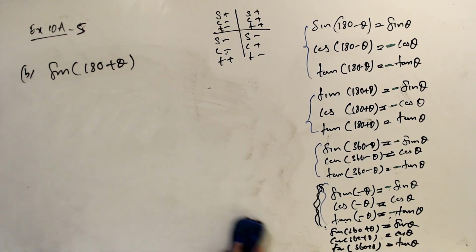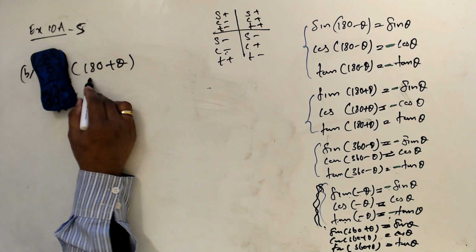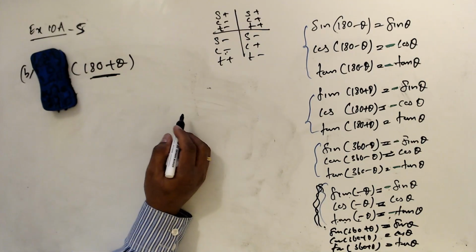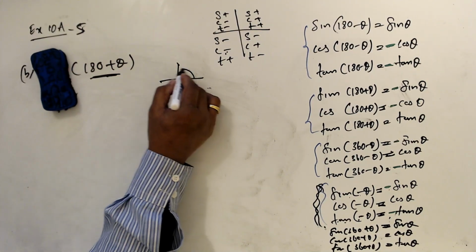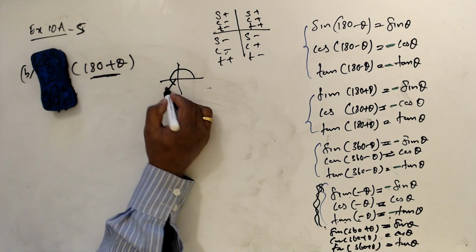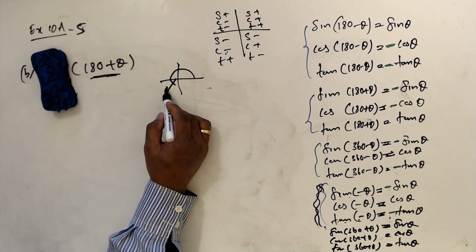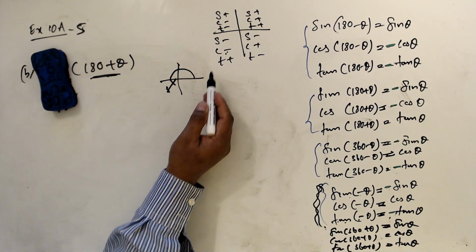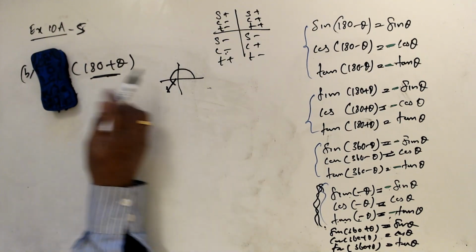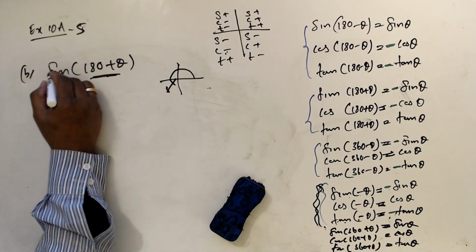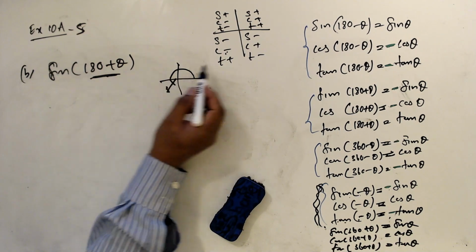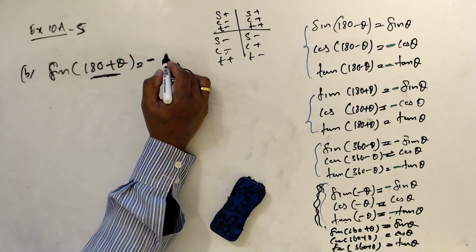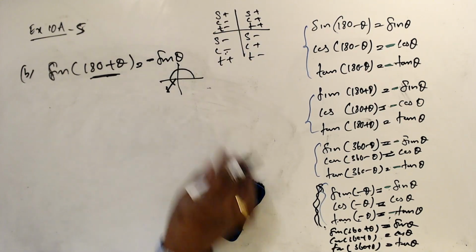In which quadrant is 180 plus theta? 180 and another theta, so it is in the third quadrant. In the third quadrant sine is negative. So negative sine theta.